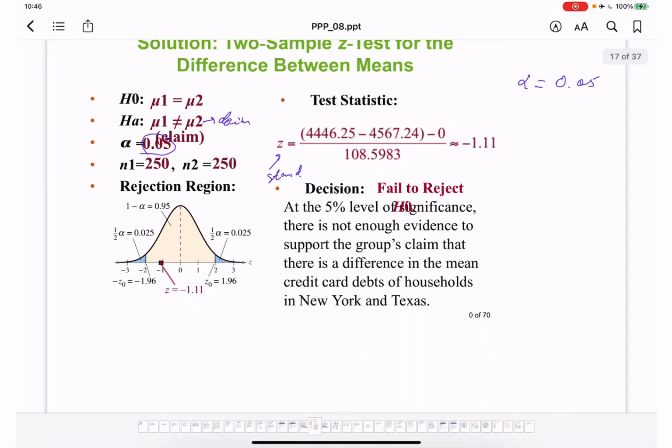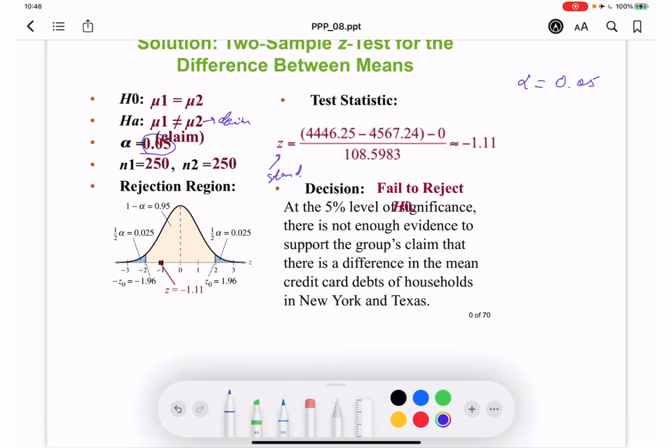So the standardized z is x1 minus x2, over the sigma of x. This 0 is mu1 minus mu2. Why is it 0? Because we always assume, we trust but verify, so we trust that mu1 equals mu2, and when you subtract, it's 0.